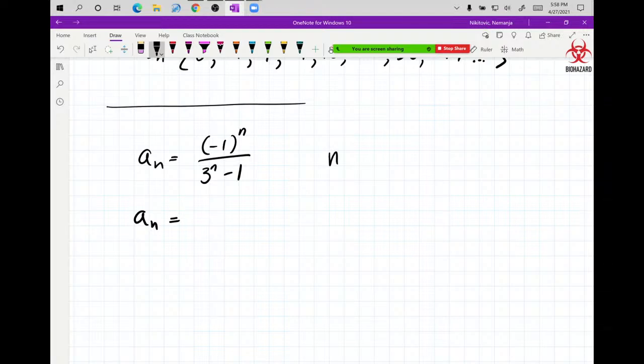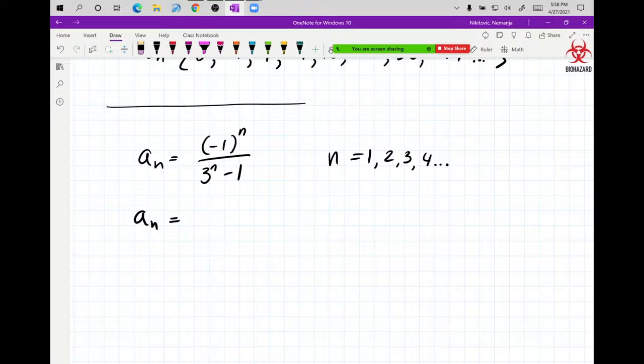Now we see that this one must start at 1 because 3 to the 0 is equal to 1, and then you have 1 minus 1 equals 0 in the denominator, and that's not allowed. So this particular sequence has to start at 1.